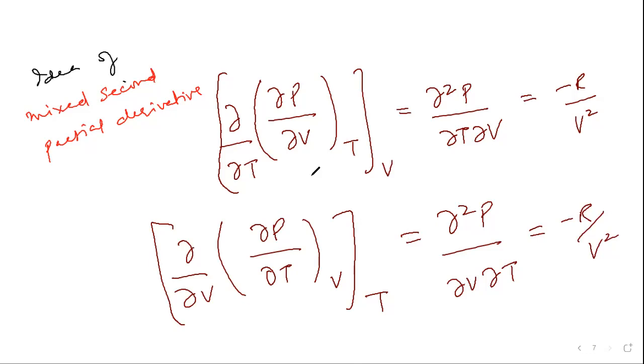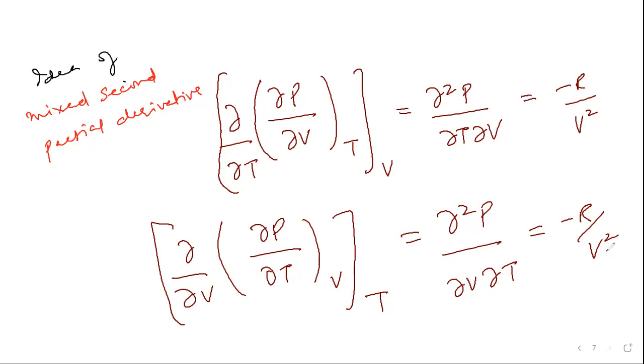Operation is different. See, here I am first partially differentiating pressure with respect to temperature, keeping volume constant. Then the quantity which I get from that, I differentiate with respect to volume, keeping temperature constant. That is, first I differentiate pressure with respect to temperature partially. Then I differentiate the resulting quantity with respect to volume.